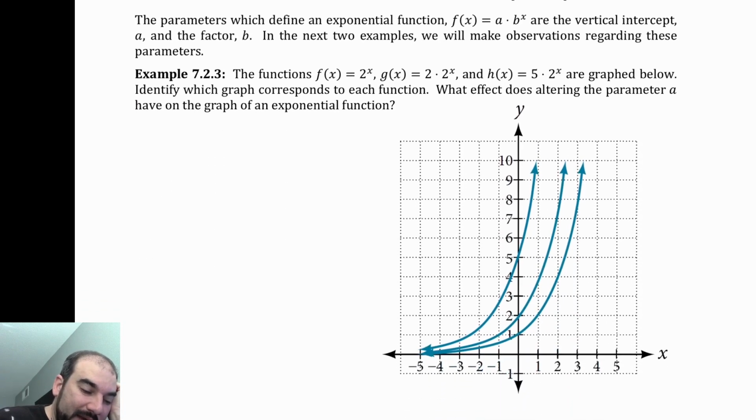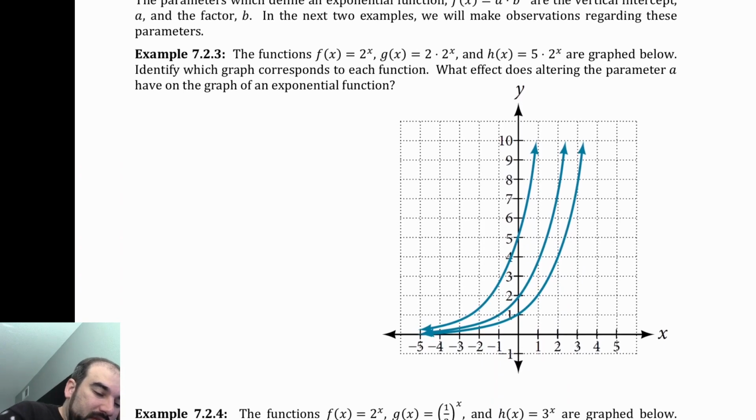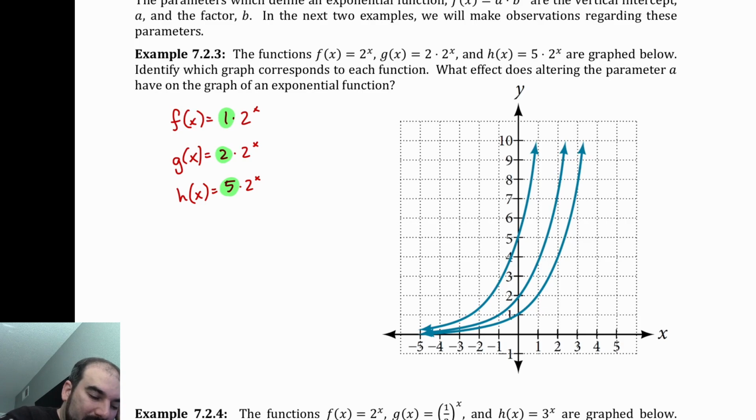So if I know that this first function here is f of x equals 1 times 2 to the x, and then we have another one, g of x is 2 times 2 to the x, and h of x is 5 times 2 to the x, which means these values here, the 1, the 2, and the 5, are my a values.